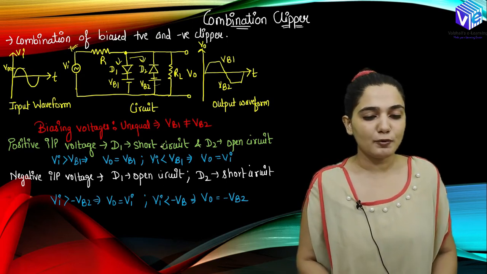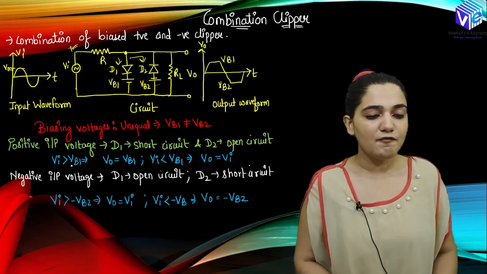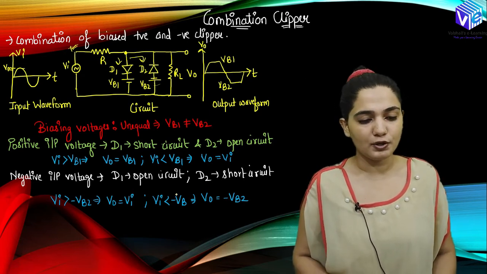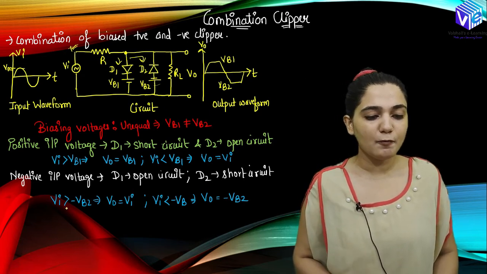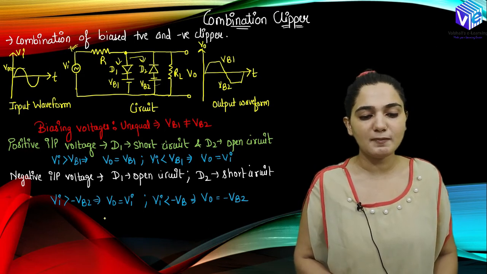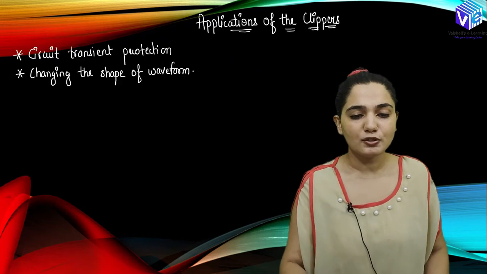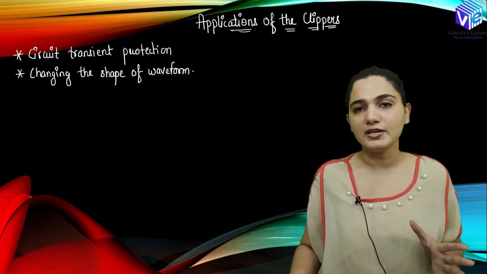In between, if I have Vi lesser than VB1, the V input is traced at the V output. And again, if I have V input greater than -VB2, then also V output equals V input. So this is how we can understand the combinational clipper.